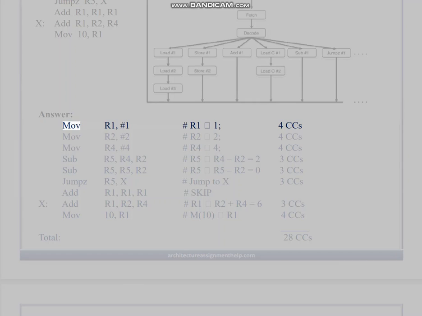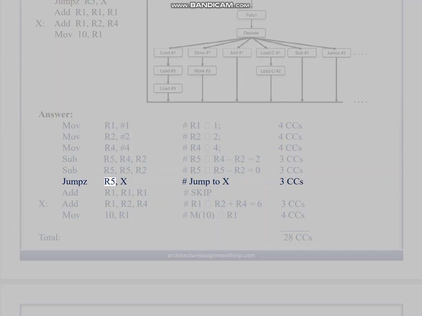Answer: MOV R1, #1, R1 = 1, 4 CCs. MOV R2, #2, R2 = 2, 4 CCs. MOV R4, #4, R4 = 4, 4 CCs. Sub R5, R4, R2, R5 = R4 - R2, 3 CCs. Sub R5, R5, R2, R5 = R5 - R2 = 0, 3 CCs.